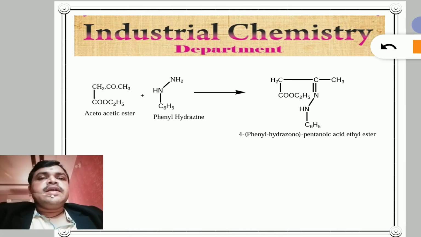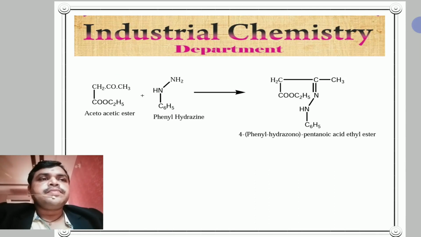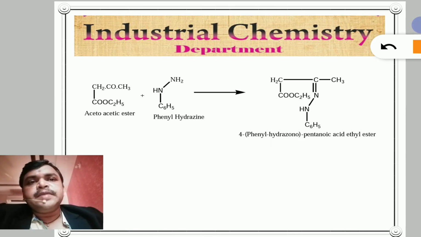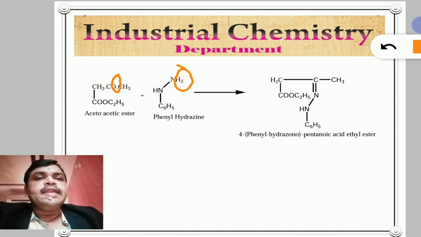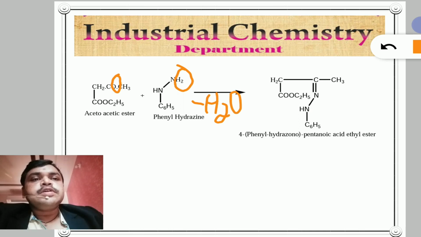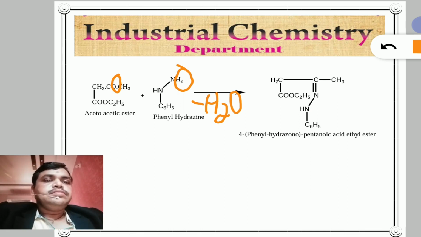I describe oxygen from here, C double bond O, and H2 from here, and remove H2O. Then we get the condensed material, 4-phenyl hydrazonopentanoic acid ethyl ester.